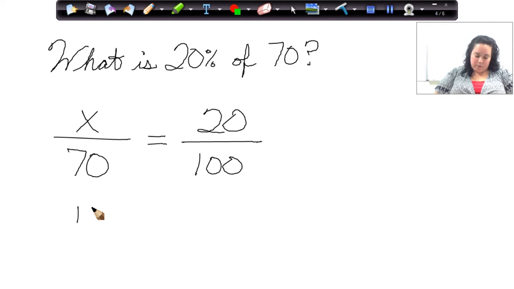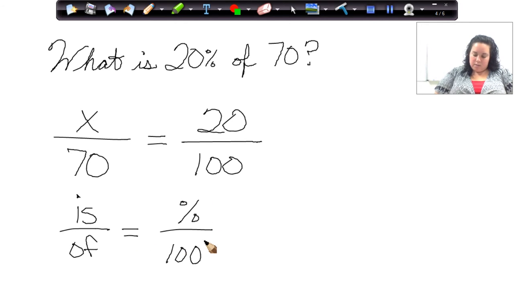We've talked about that before. Is over of, and then percent over 100. So the 70 is the of, because it comes after the word of, and then 20 is the percent over 100. And so you can set it up this way. You can do your proportion, multiply and divide.